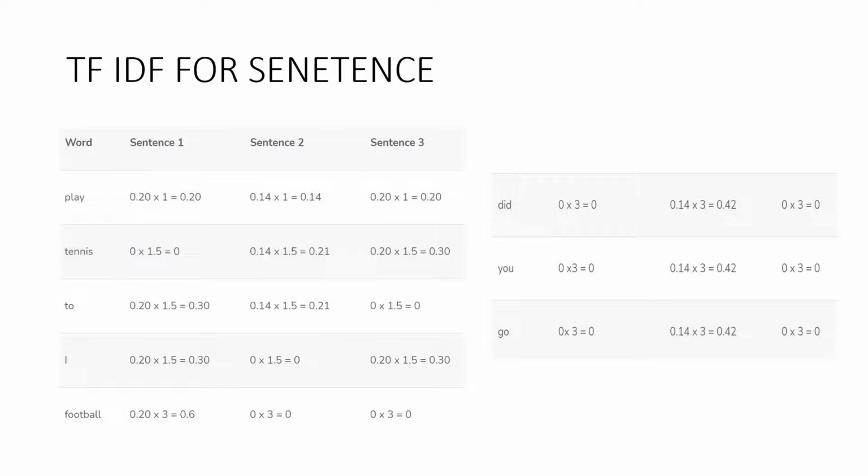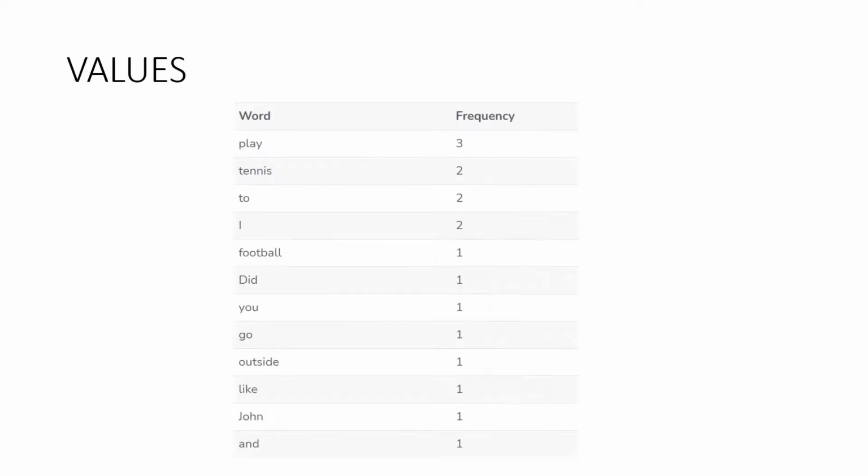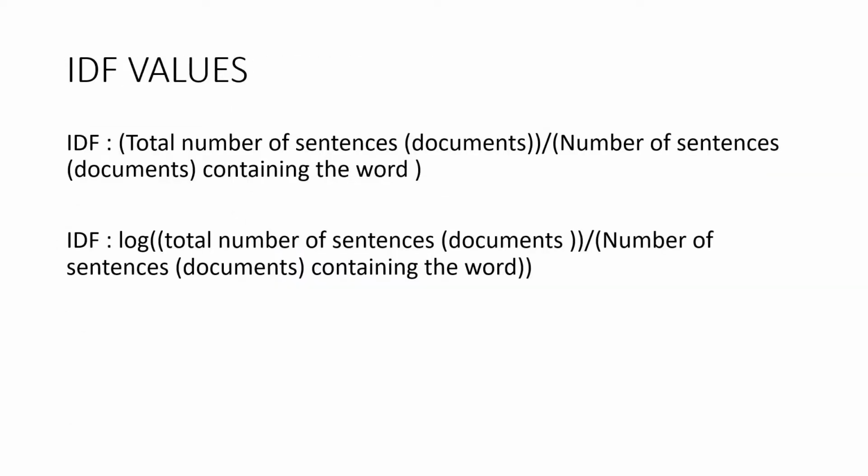It is important to mention that to mitigate the effect of very rare and very common words on the corpus, the log of the IDF values can be calculated before multiplying it with the TF value. In such a case, the formula for IDF will be: IDF is the log of the total number of sentences, that is documents, divided by the number of sentences, that is documents, containing the word.